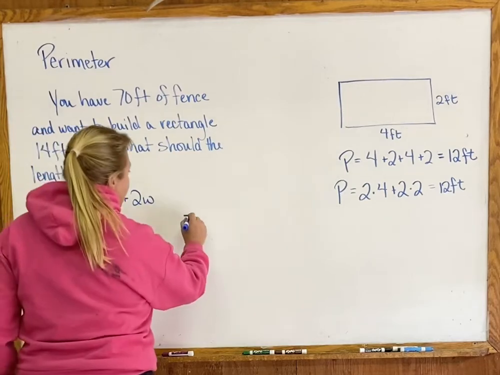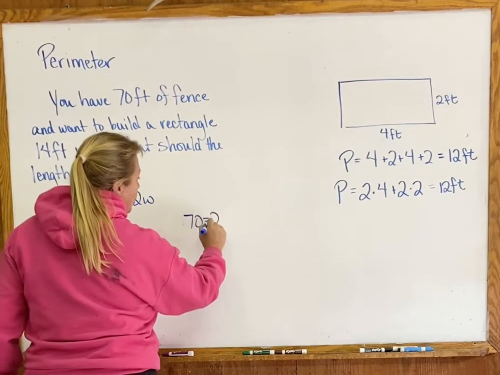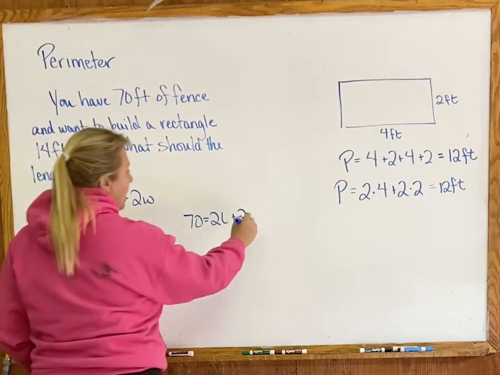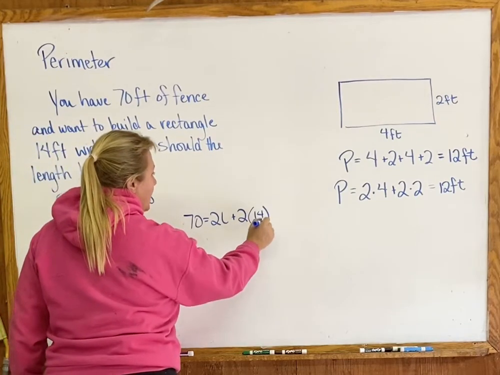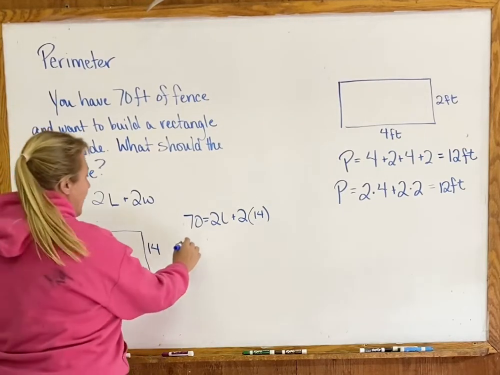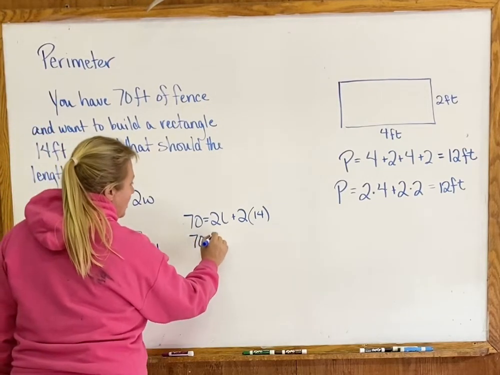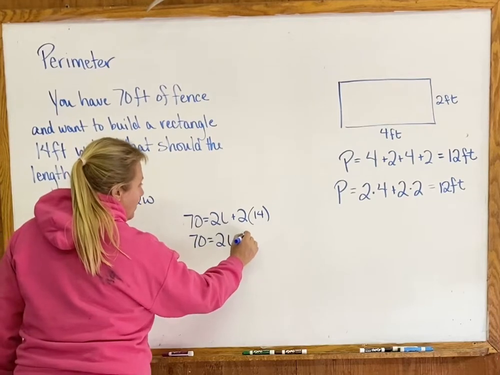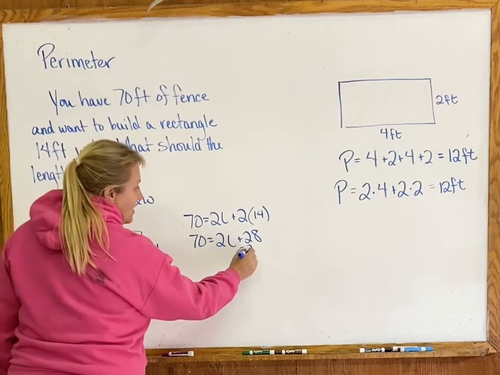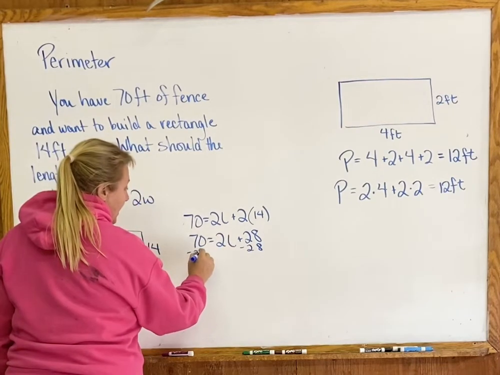So we'll say 70 equals 2L plus 2 widths, but we already know that our width is 14. So yes, a little bit of algebra skills here. So 70 equals 2L plus 28. So we will subtract the 28 from both sides.